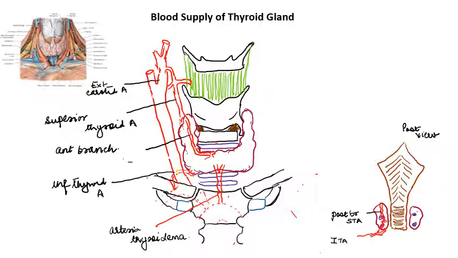The venous drainage. Obviously, the internal jugular vein is going to be the ultimate destination for most of the blood vessels. So let's draw the internal jugular vein, which is also present posterolateral to the gland in the carotid sheath. And in the carotid sheath, it is present more superficial to the carotids. So on the opposite side, let's draw that.